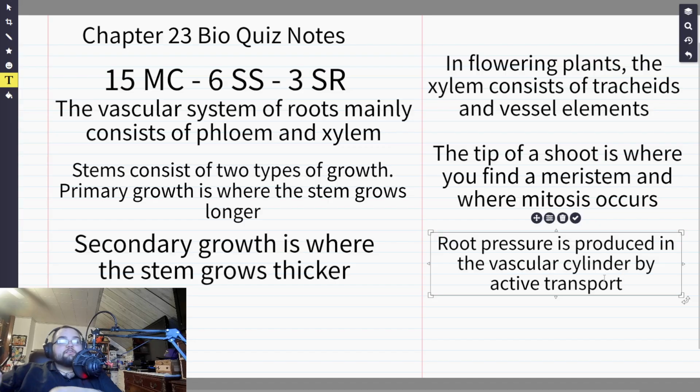So as it continues to take in water, the active transport keeps pushing more and more water in. More water in a condensed area is going to lead to more pressure. So the active transport, which is taking the water in, is going to cause the pressure to increase. And when the pressure increases, there's only one way for it to go, which is up.